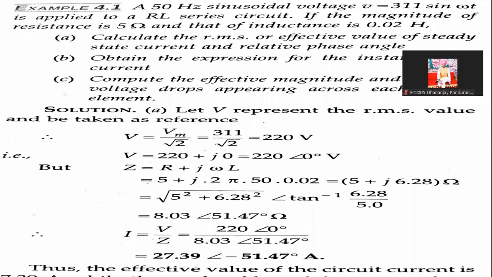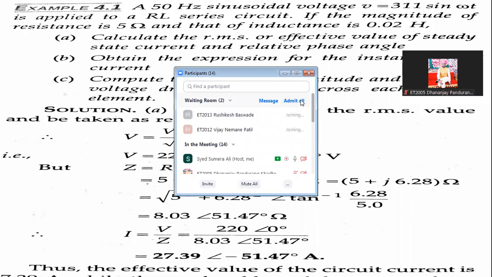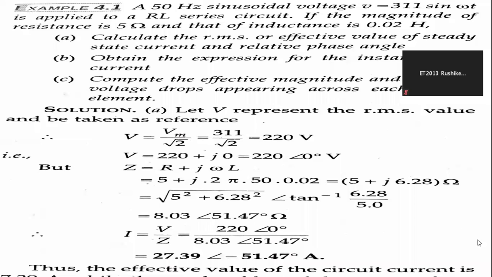A 50 Hertz sinusoidal voltage, v equals 311 sin omega t, is applied to an RL series circuit.